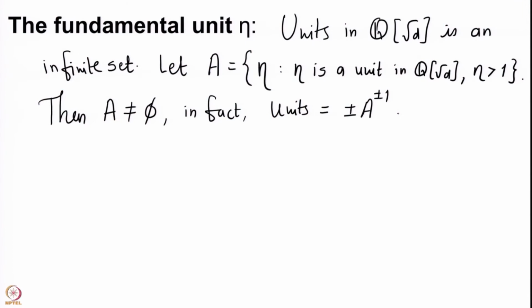So, you get 4 different units starting with 1 unit in A, and then you have the two trivial units plus minus 1, which will give you the whole set of units in Q root D. We also noticed that the units are of the form u plus v root D, where u and v can be integers or half the integers. So, let us see what are the conditions on u and v.